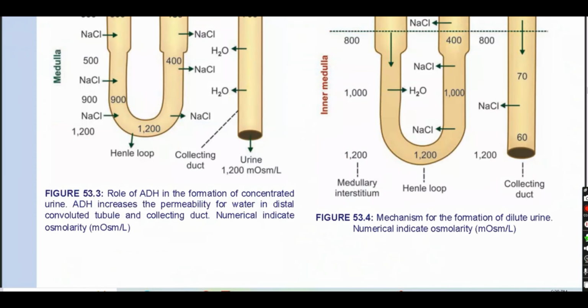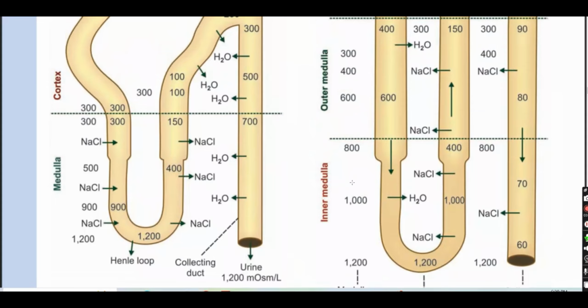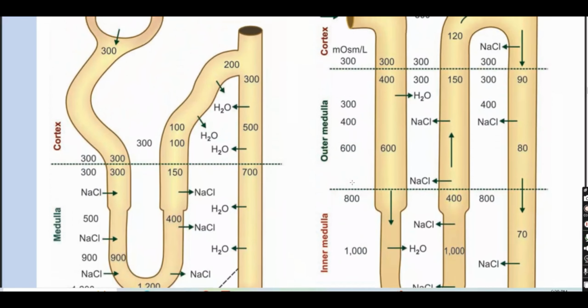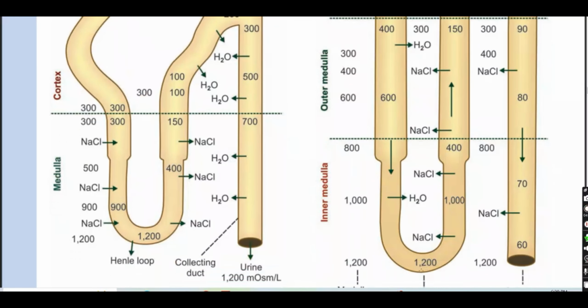So I think you understand what I want to say: 300 milliosmol goes to 400 milliosmol, then 600 milliosmol, and when it reaches the hairpin bend, 1200 milliosmol. But the important thing here is that sodium and chloride decrease, so the osmotic pressure gradually decreases from 1000 to 400.